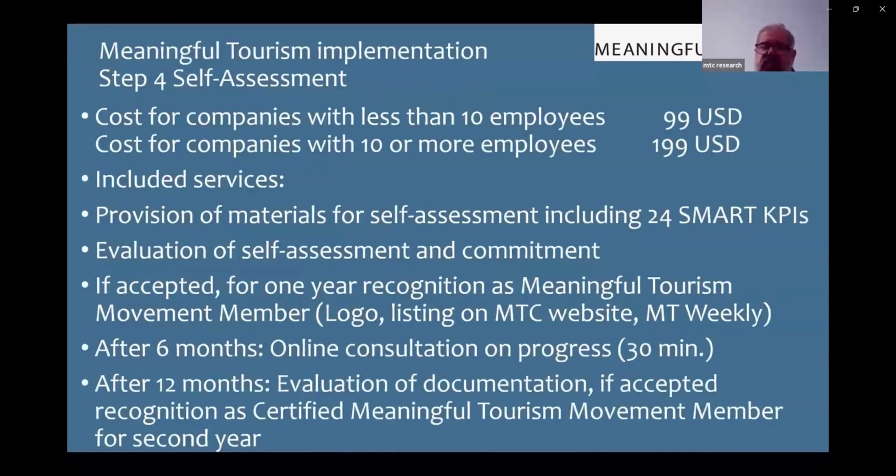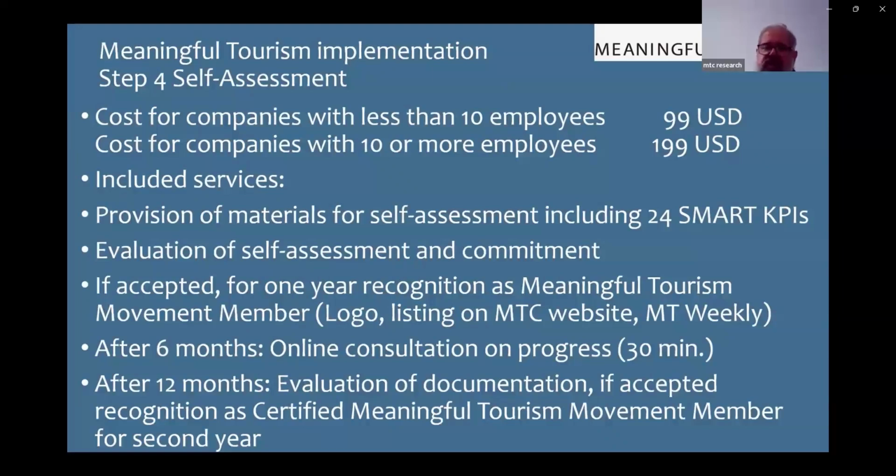So we try to make this as cost friendly as possible. If your company or organization has less than 10 employees, it costs $99, otherwise it costs $199. And for that, you get all the materials and the evaluation, and you get a logo. You are listed on our website.